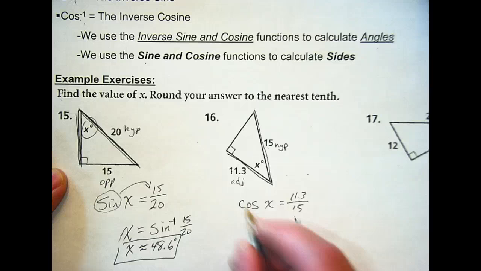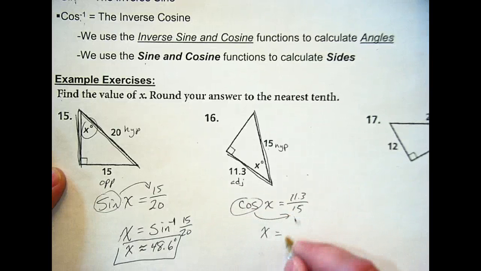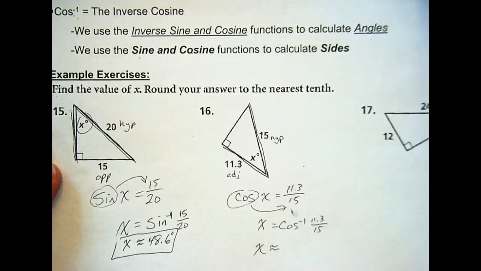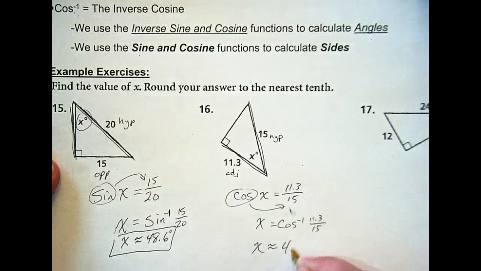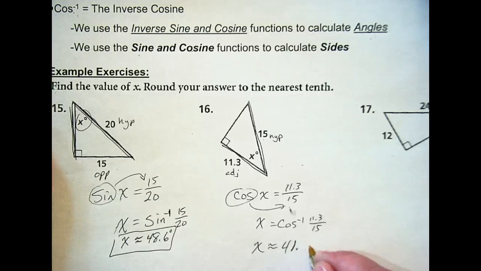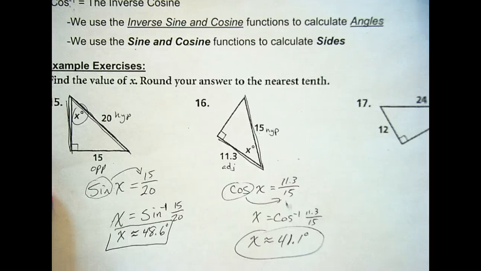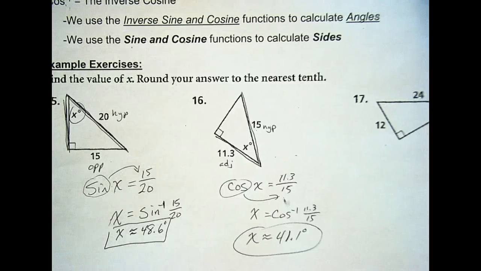So x is equal to, we move that cosine over, it becomes the inverse cosine of 11.3 over 15, which gives us x equals 41.1 degrees. All right. Very good. Hey, any questions there?